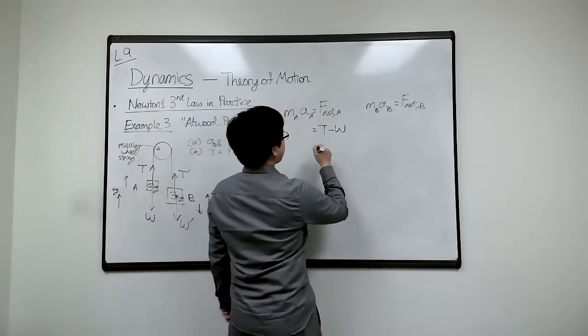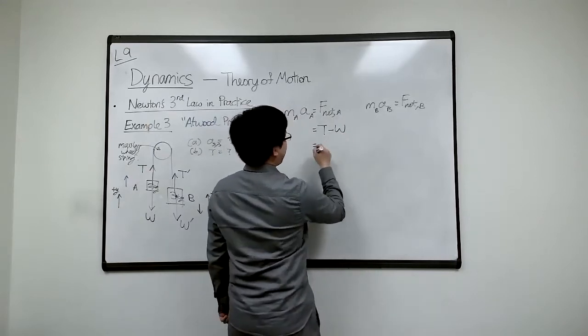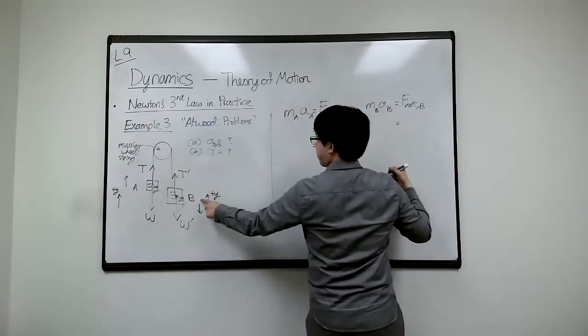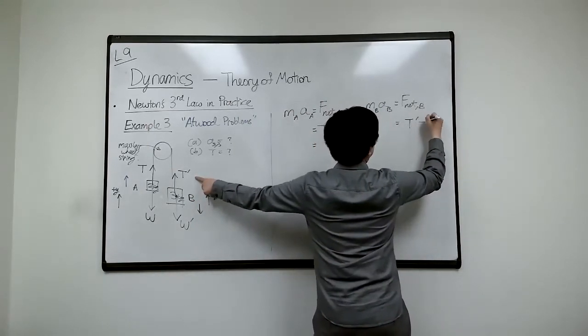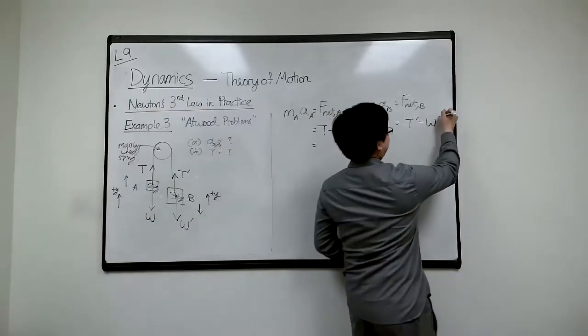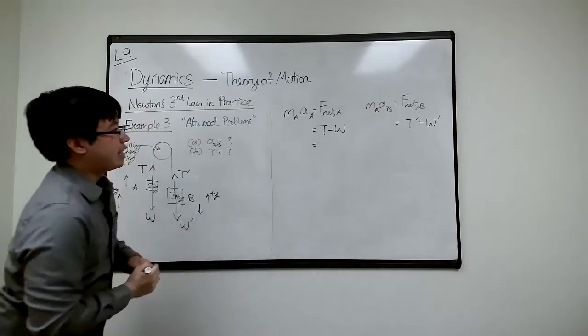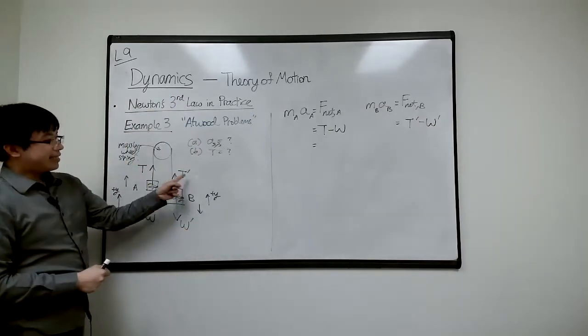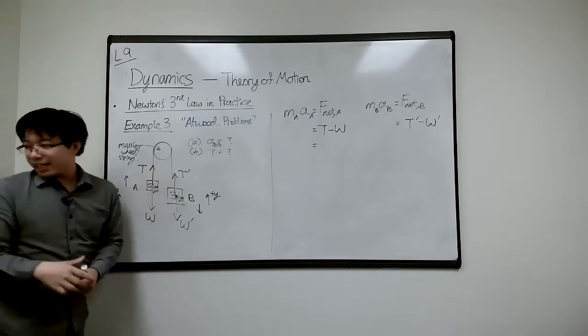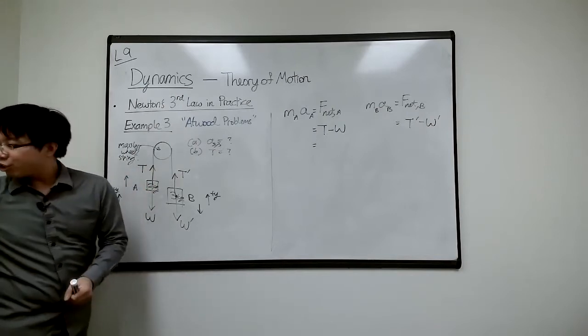And now I can plug in numbers, but let me do it this way as well. So the net force on B this time would be T prime minus W prime, right? Okay, so good. And is this the same? Now it's hard to see, right? So the trick over here, I'll need to introduce a new trick.